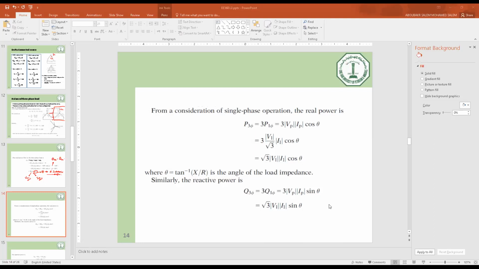In a star connection, I phase equals I line. In delta connection, V phase equals V line.